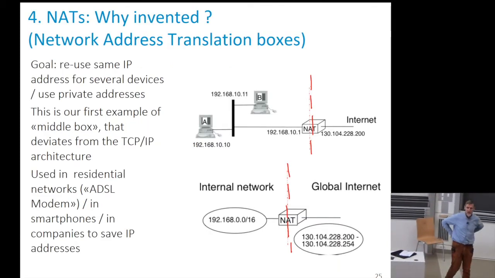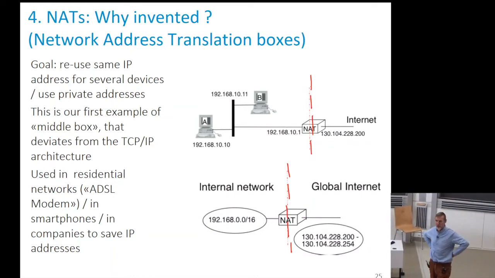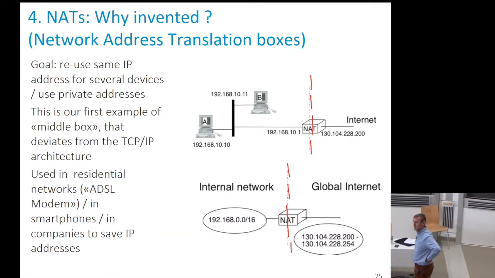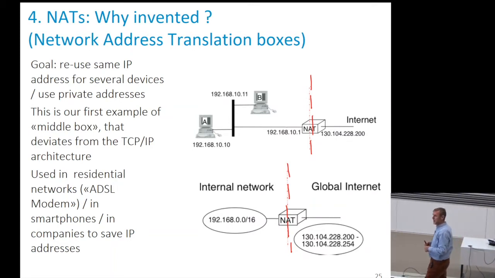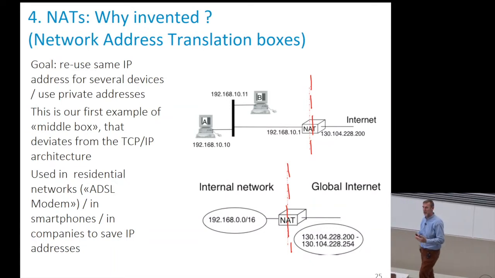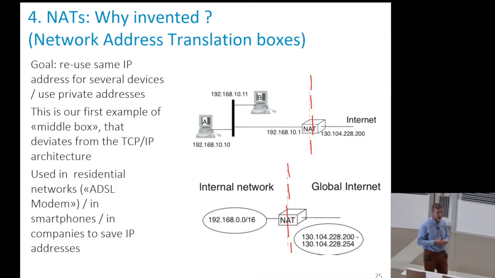The next topic is our first example of violation of the TCP/IP architecture. I said at the beginning that TCP/IP is based on a number of principles that are fairly simple, easy to understand, and this will guide us through understanding, debugging, and reasoning about the internet and its protocols. But it would be naive to believe that you apply those principles with the nice layers and everything is done according to that.